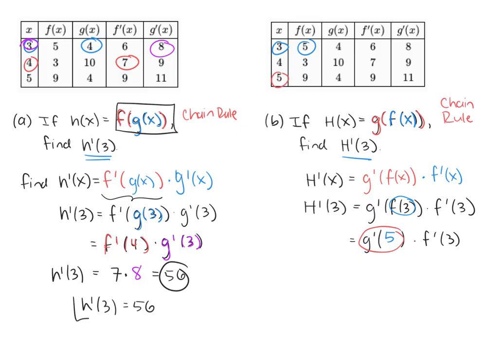So when x is 5, g prime of that is 11. So this guy is 11. And then f prime of 3, when x is 3, f prime of 3 is 6. So then let's multiply that together. So h prime of 3 is 11 times 6, or 66, and that's our final answer down here.